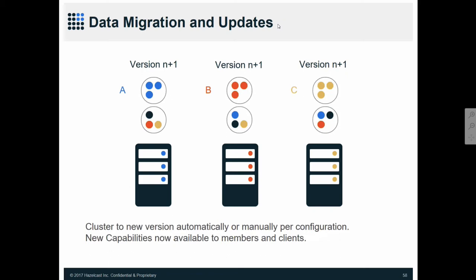Or you have configured it to be manual. That means you have to go to the management center or to the REST API and say, okay, I updated all the nodes. Please commit this upgrade operation. We're finished. We want to have all the data on the new cluster protocol level now.